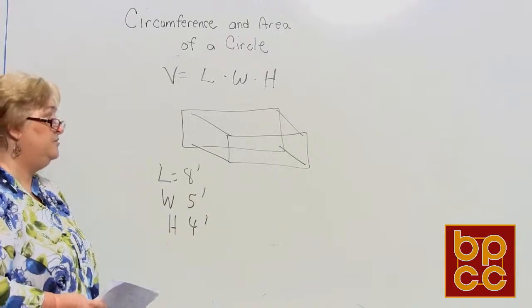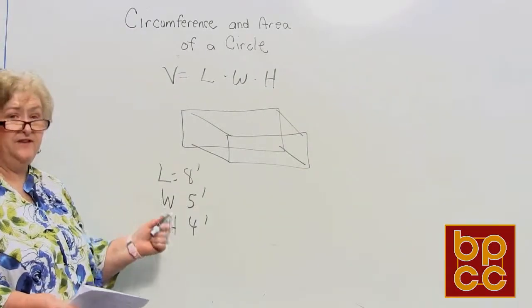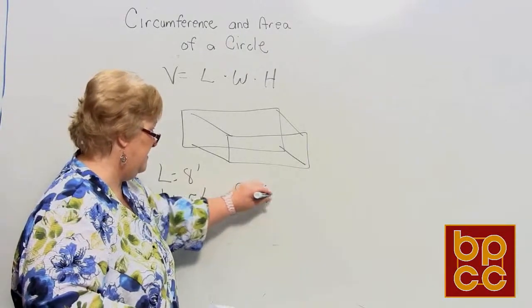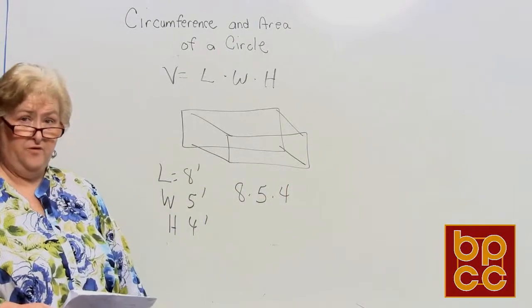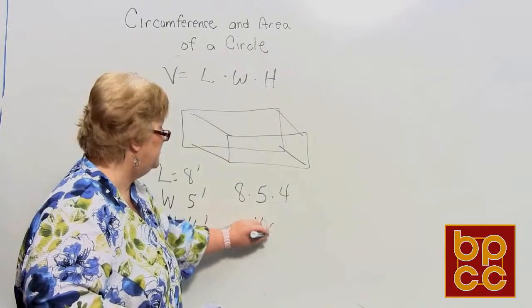So all we have to do on our rectangular prism is simply multiply 8 times 5 times 4. So let's set it up. 8 times 5 times 4. And 8 times 5 is 40. And 40 times 4 is 160.